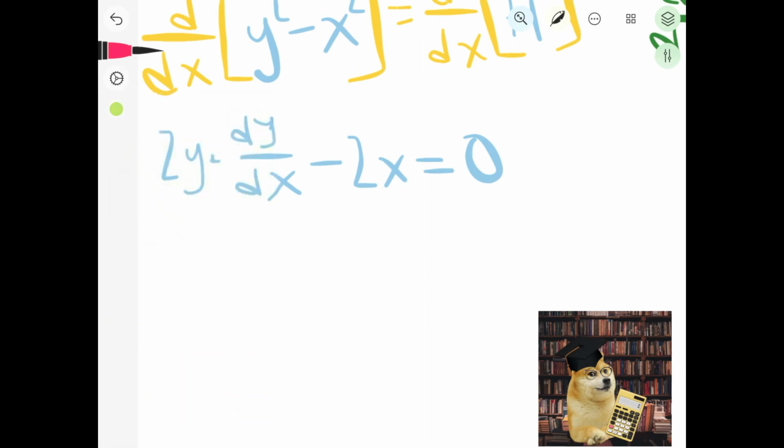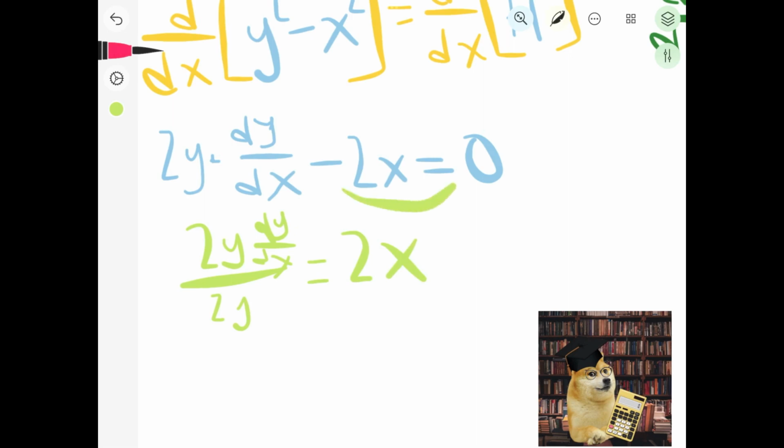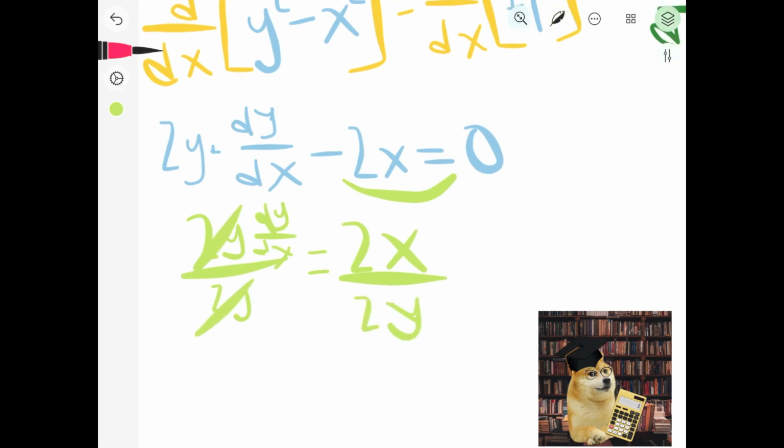So let me change color. We will be doing 2y over 2y dy/dx equals 2x. We pass the 2y to the other side, dividing by that same 2y in order to cancel it.